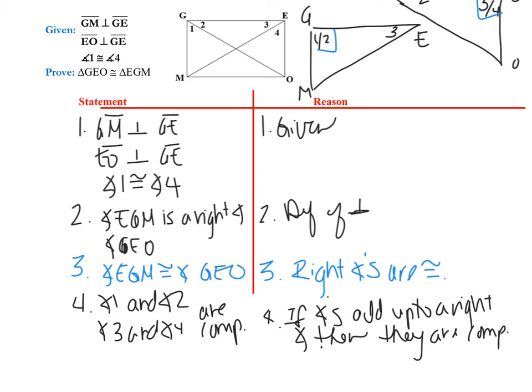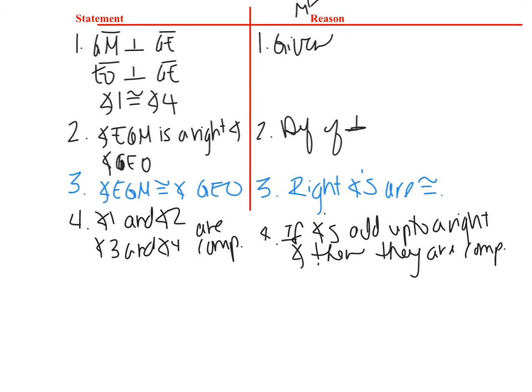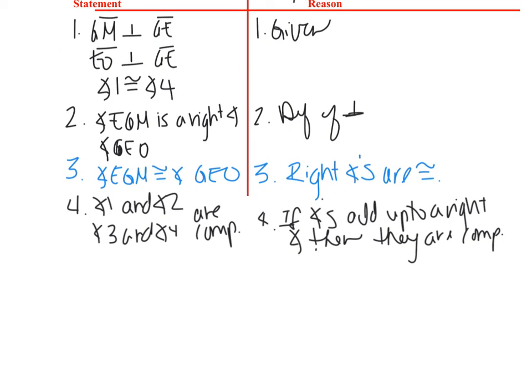Well, if you look back up at top, we know from the given that 1 is congruent to 4. So if 1's complemented 2 and 3 is complemented 4, and these two are congruent, it follows then that 2 and 3 are congruent.